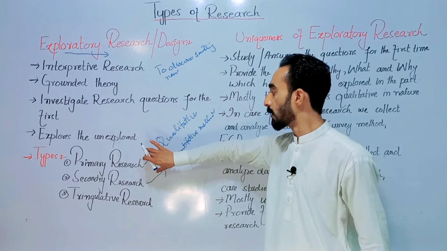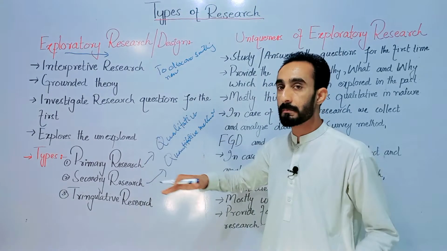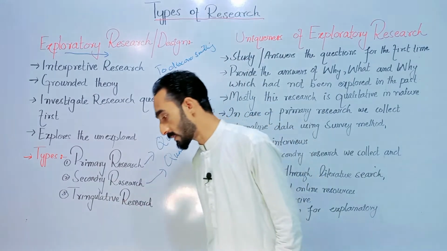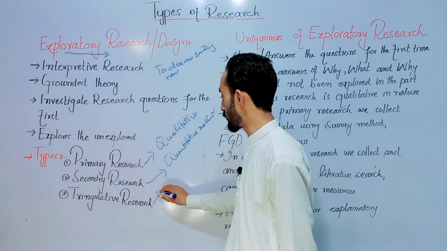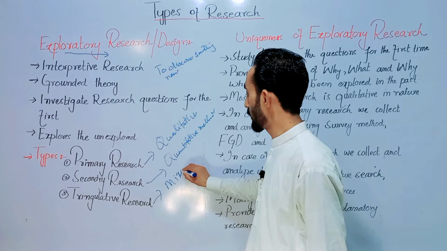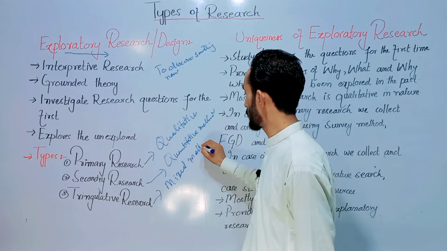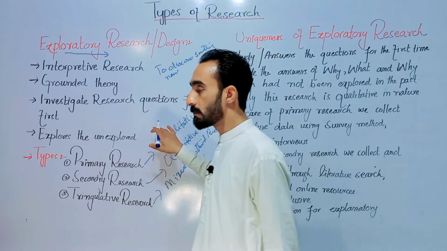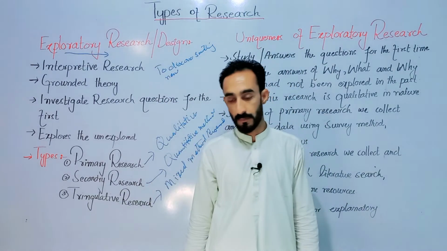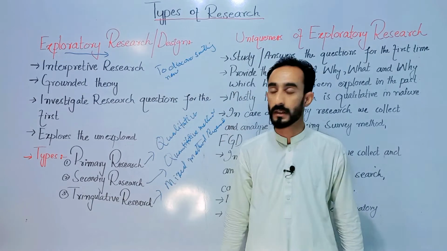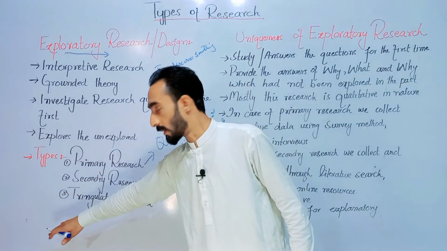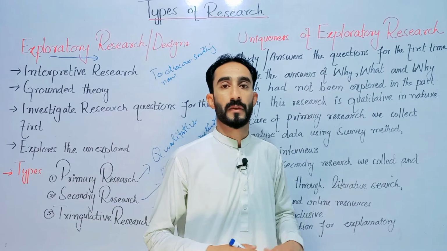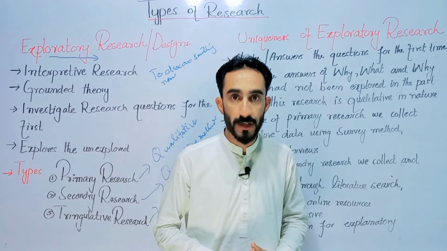Here we combine both approaches, quantitative and qualitative, and this also turns into the mixed method, also called mixed method research. We combine both the qualitative and quantitative approach or methodology for conducting a particular study. Then it becomes the category of triangulation or mixed method of exploratory research.